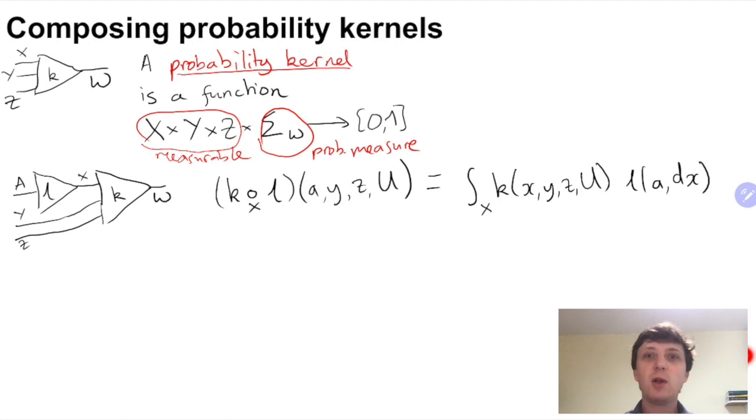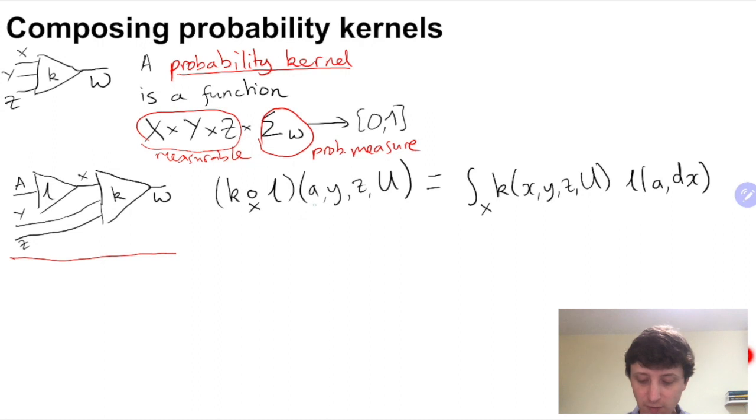Okay, so the question now is to build this up in a categorical way. How do we compose probability kernels? On the left over here, I've drawn 2 probability kernels, L and K, and I want to see how to compose them. If I've got K and L and I want to compose them on one particular wire, one particular parameter, then I get a new kernel back, which has 3 parameters again, because actually L only has 1 parameter.